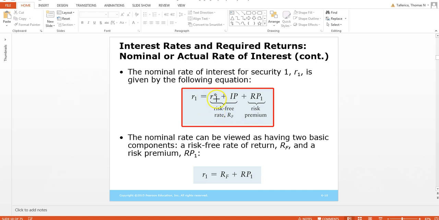So they take this equation and simplify it. If I could pull it down a little bit, you see the risk-free rate, which is that sum, goes over to here. See that risk-free? And here is the risk premium.